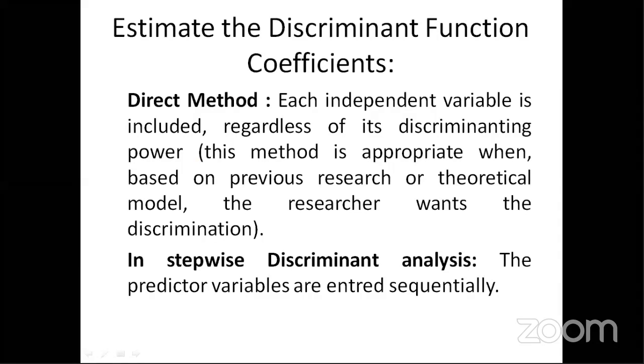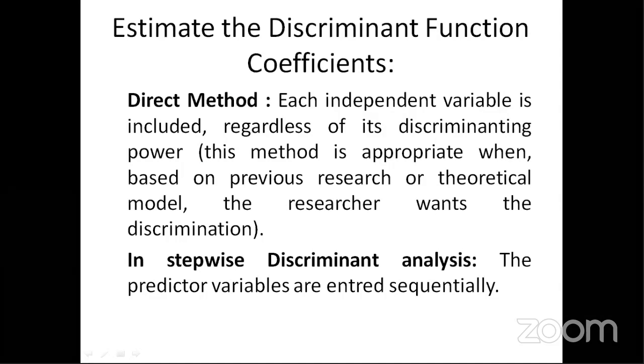As I discussed, in multiple regression analysis also we have some methods to estimate the unstandardized coefficient. Here also we have two methods, direct method and stepwise. In the direct method, we take all independent variables together and then see the discriminant power, which there we check with r square.